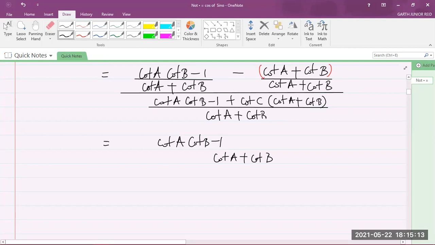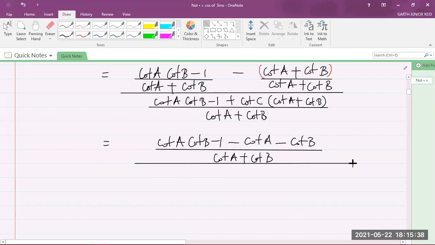So if I'm subtracting now, I will get negative cot A, negative cot B. That is what I will obtain. And I will put the division sign here. I'm going to put my line to show that I'm dividing, and remember that we're dividing all of that as well.